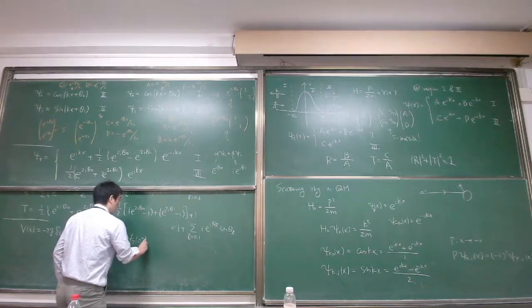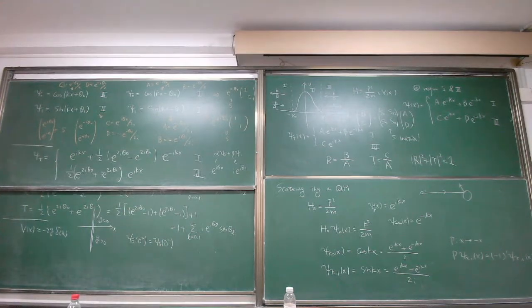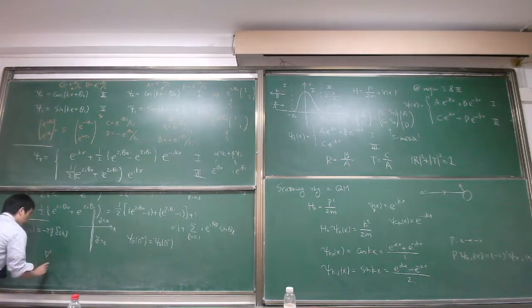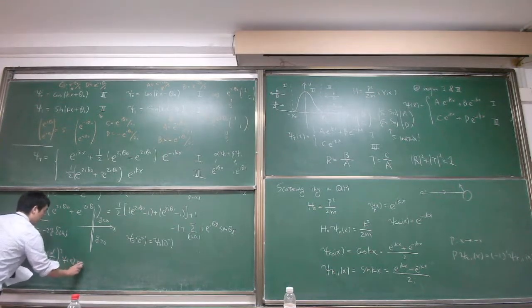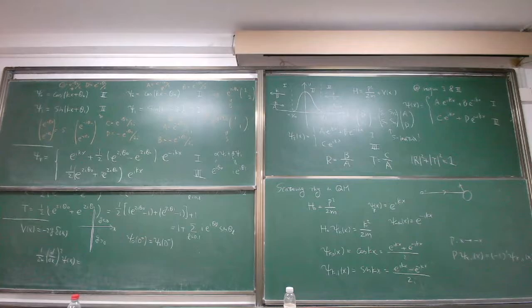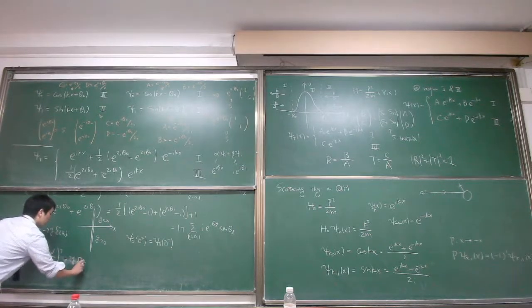So we need to impose the continuity of the wave function. Here we have the Schrödinger equation, something like minus d squared dx squared over 2m, acting on psi of x, is equal to the potential, minus 2g delta of x.